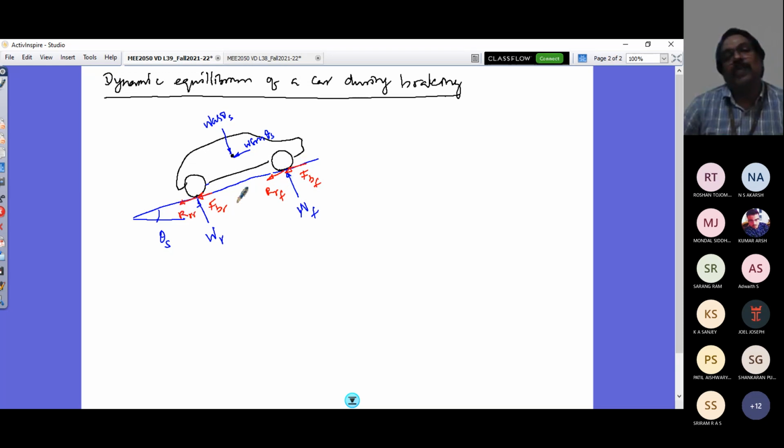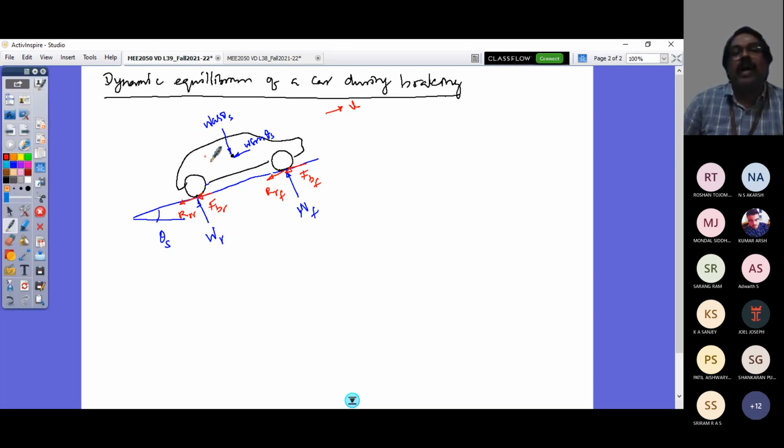These are the forces acting when I apply the braking, the tire-road interaction, and the vehicle moves in a forward direction with velocity u, and this velocity is decelerating because of braking of the vehicle through the brake system. I would have here now my deceleration.